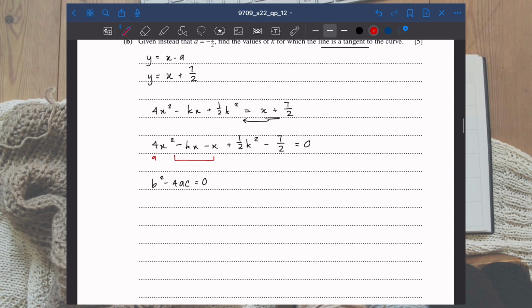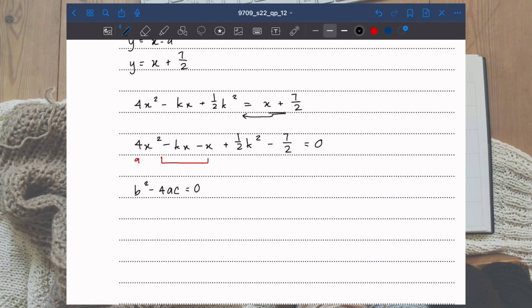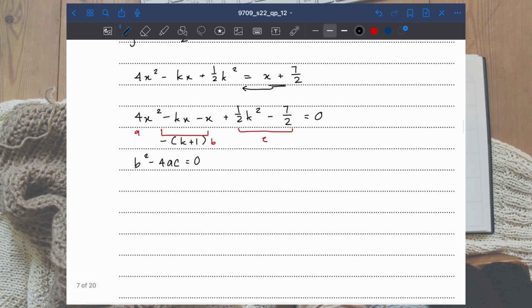So combining these two, we'll get negative k plus 1 x. So this will be our b value. And our c value is half k squared minus 7 over 2. So substituting b squared, k plus 1 squared.